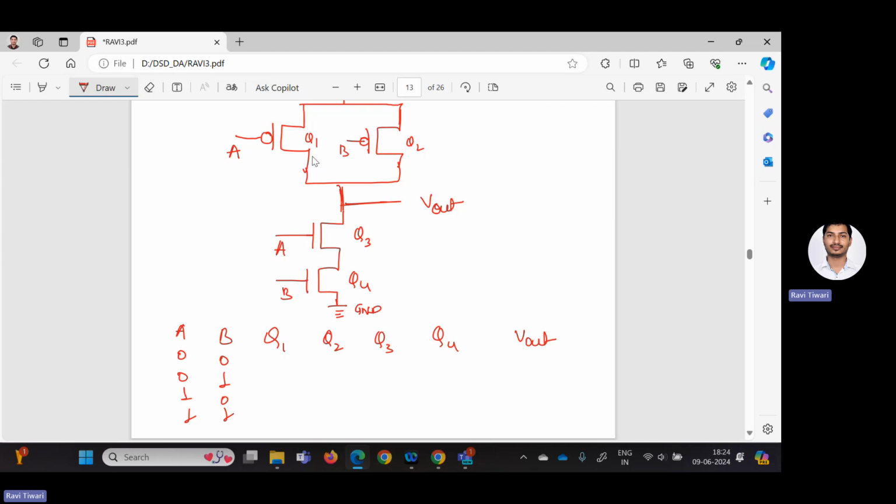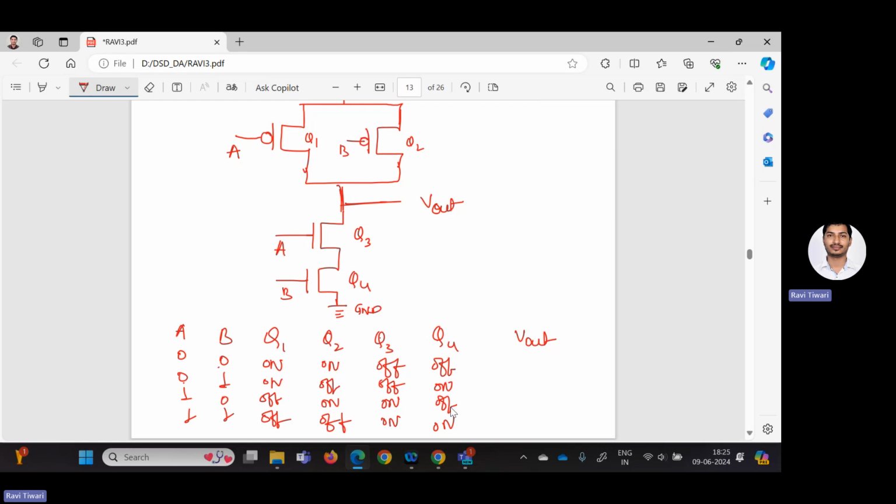And as these are PMOS, they will be on for 0, and off for 1. Q3 and Q4 are the NMOSs, so they will be on for 1 and off for 0. For 0 0, Q1 and Q2 are on and Q3 and Q4 are off. For 1 1, the PMOS are off and the NMOS are on.